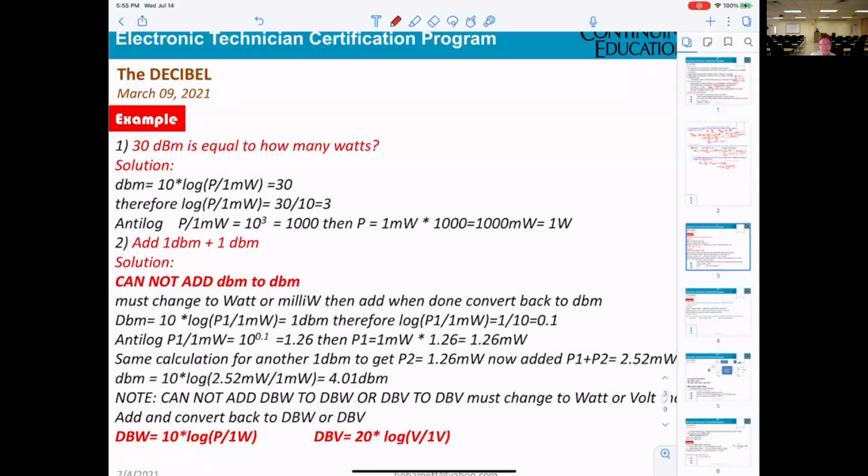Try by yourself to see if you can get that the answer will be 1 watt. They are doing a calculation, but without looking into the solution here, you try to do it. Finally, can you get that?